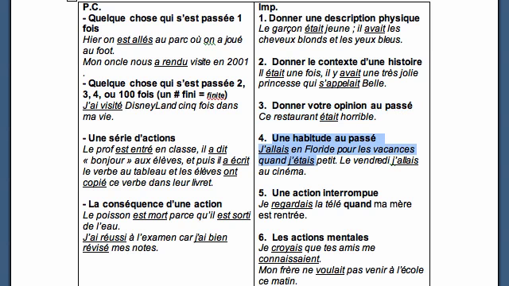Number 4, une habitude au passé. So anything that was something you did habitually in the past. Like when I was little, j'allais en Floride pour les vacances quand j'étais petit. Le vendredi, j'allais au cinéma, par exemple. So when I would go to Florida, or I went to Florida for vacation when I was little. And on Friday, le vendredi, every Friday, I went to the movies.